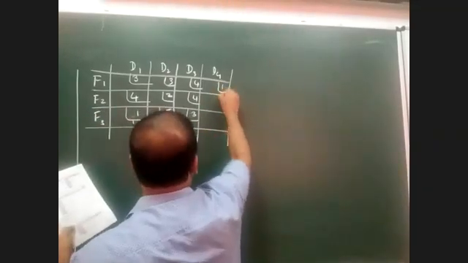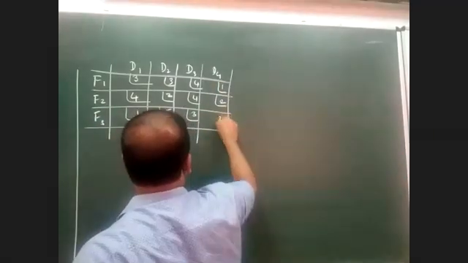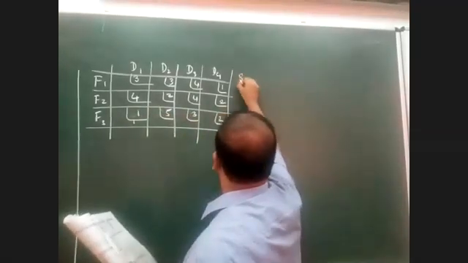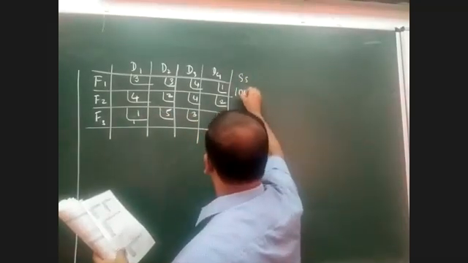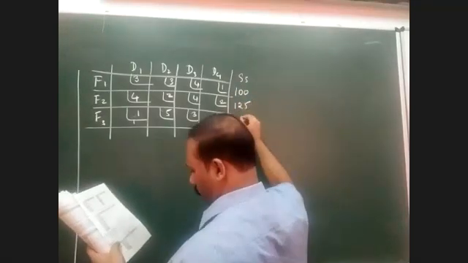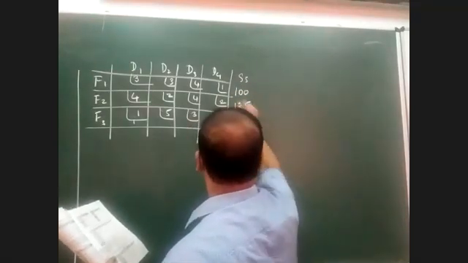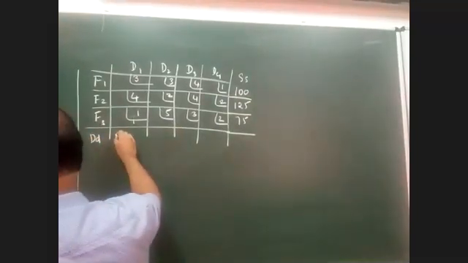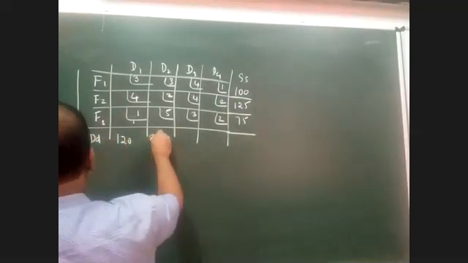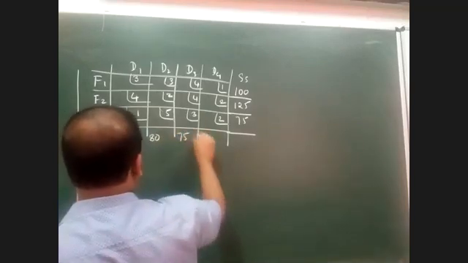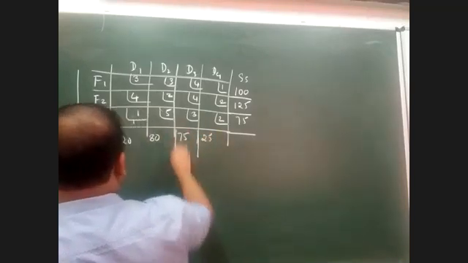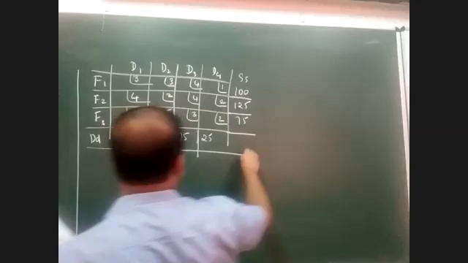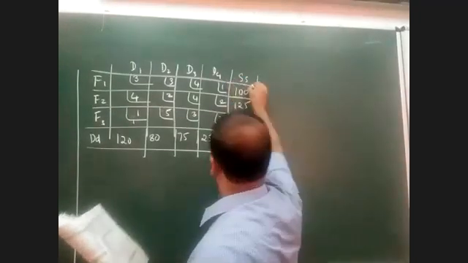Then we have 1, 2, and 2. The supply values are 100, 125, and 75, and the demand values are 120, 80, 75, and 25. So this is the question we have.